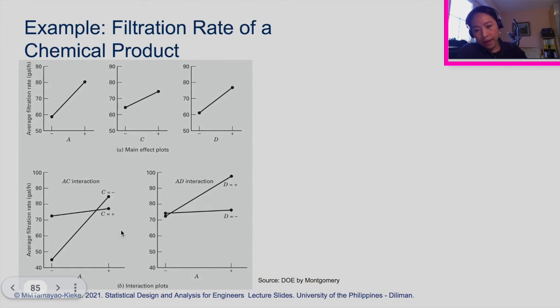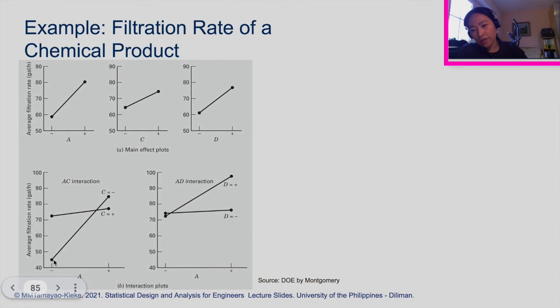it seems that at high level of A and high level of C, the change in the average filtration rate is not much. However, if we look at the combination of A and low level of C, the change from low level of A to high level of A becomes very significant.